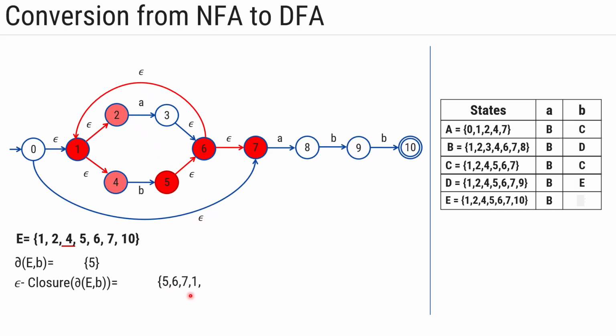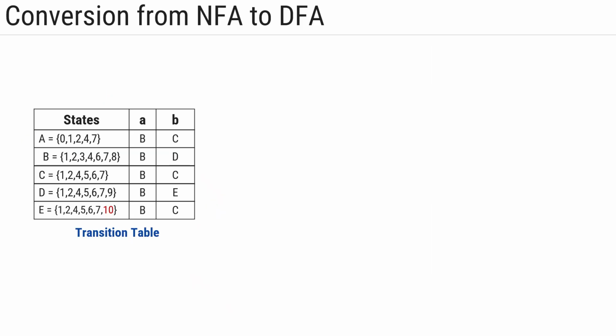So this is nothing but 1, 2, 4, 5, 6, 7, which is similar to C. So we don't have any new state, you have to stop the process. Now you have the new states, capital A, B, C, D, E. Now it is time for construction of the DFA.